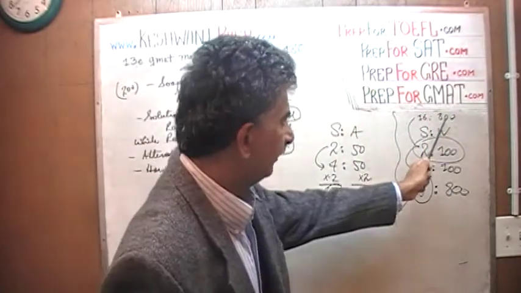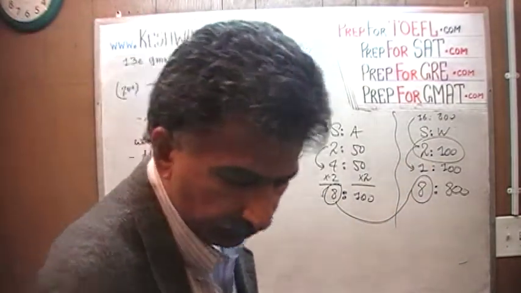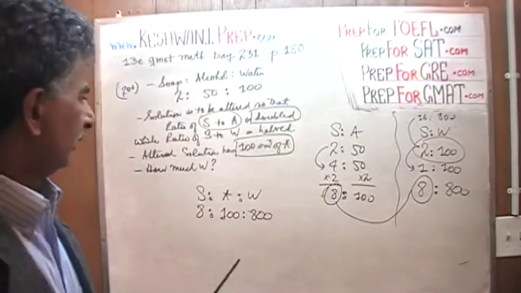We have gone from 16 to 800 to 8 to 800. It has been halved. There you go. Perhaps I explained too much. That's it, we're done with it.